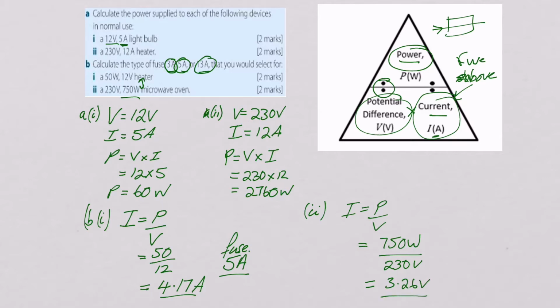Okay, the common mistake people will make is choosing the 3 amp fuse, but 3.26 is bigger than 3. So what you need to do is choose the next fuse up. It has to be the fuse with a number bigger than the current that you get. So again, for this one, the fuse would be the 5 amp fuse.